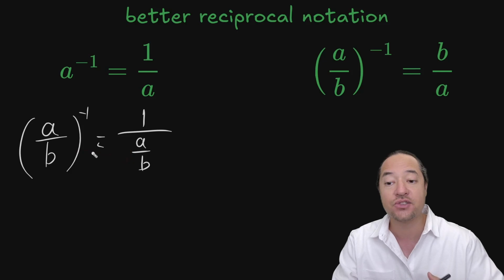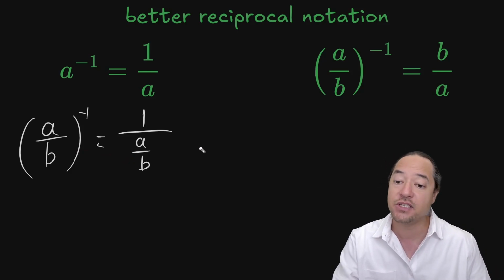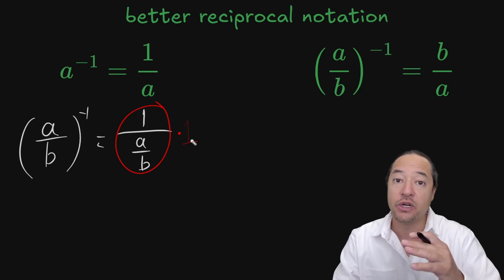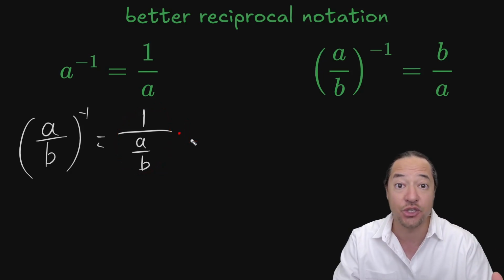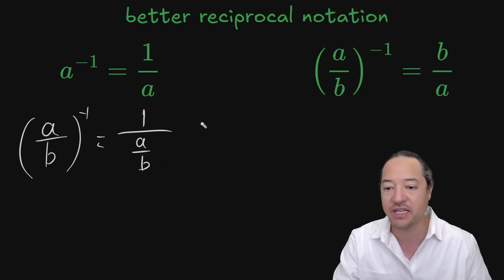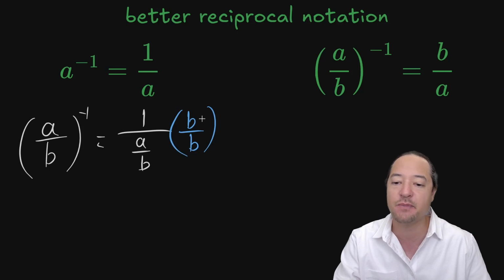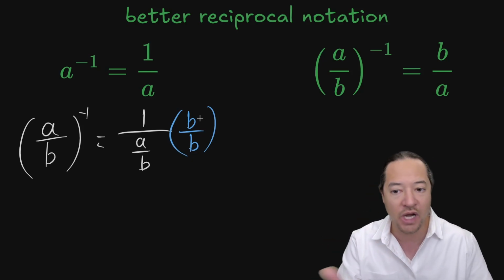And now I want to try and sort of simplify that, right? How do I simplify this? Well, what I'm going to do is I'm going to simplify this by multiplying it by the number 1. So any number multiplied by 1 will be the same exact value, because the number 1 is the multiplicative identity. But instead of writing the number 1 as 1, I'm going to write it as b over b. So I'm going to multiply this by b over b, which is 1.